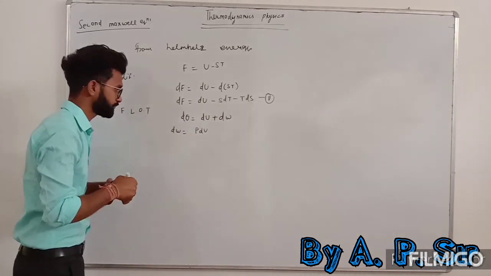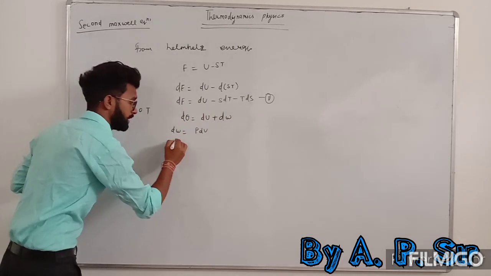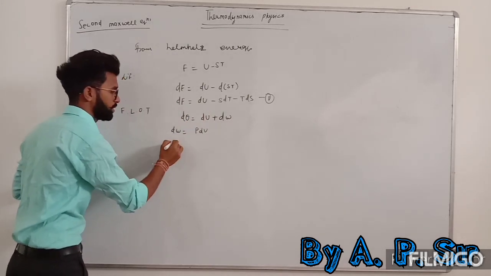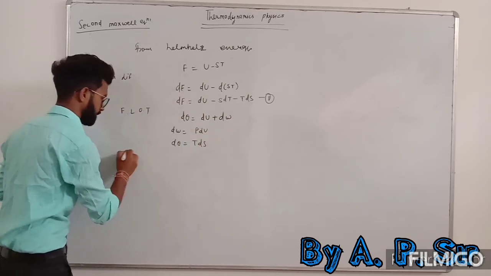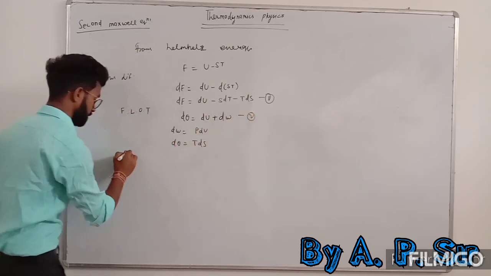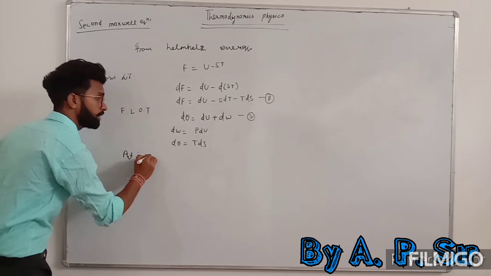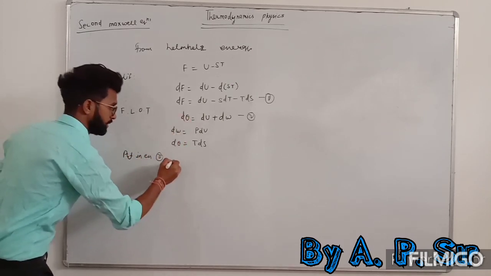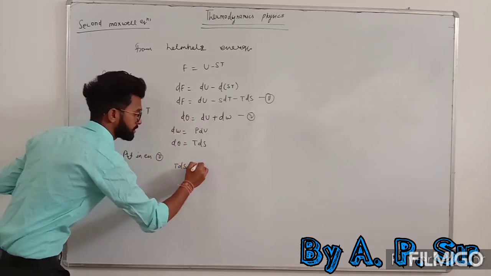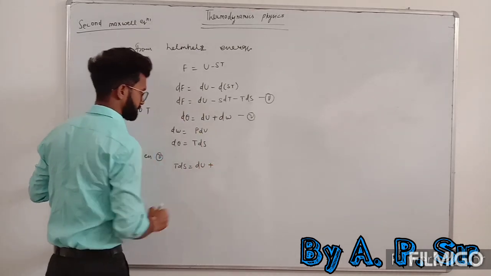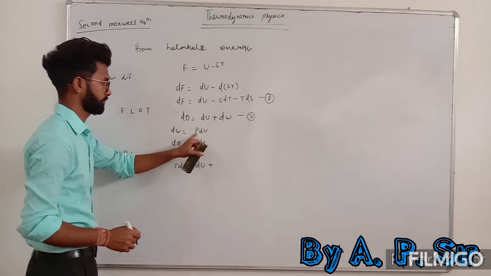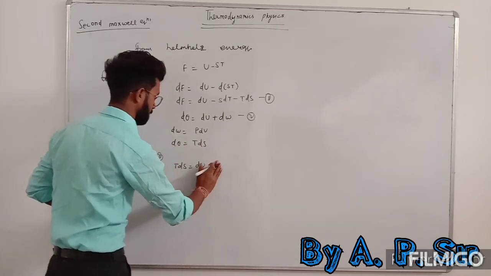Next, dQ equals T dS. Put in equation second: T dS is equal to dU plus P dV.